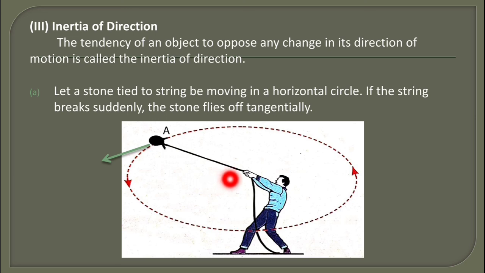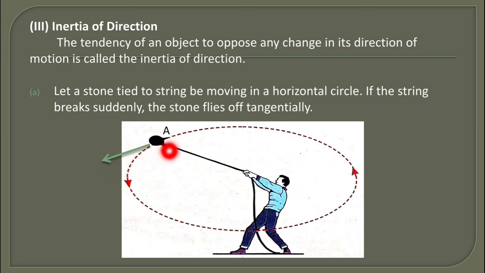Suppose at the time the string breaks suddenly, the stone is at this point A. Now you know that at this point A, the direction of motion of the stone will be along the tangent at this point A. As there is no pull acting on this stone, at this particular point A the stone tries to maintain its initial direction.